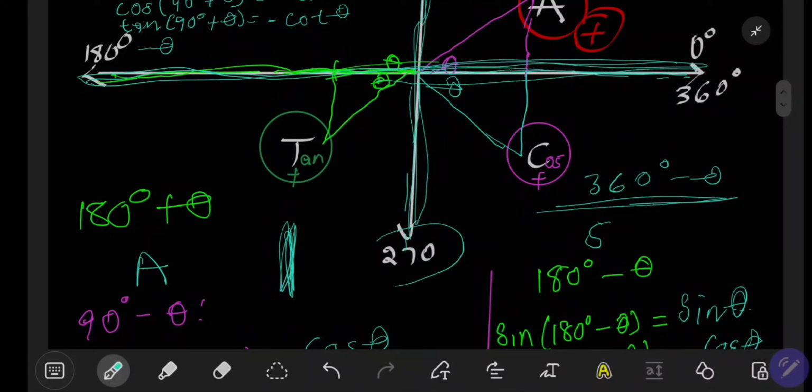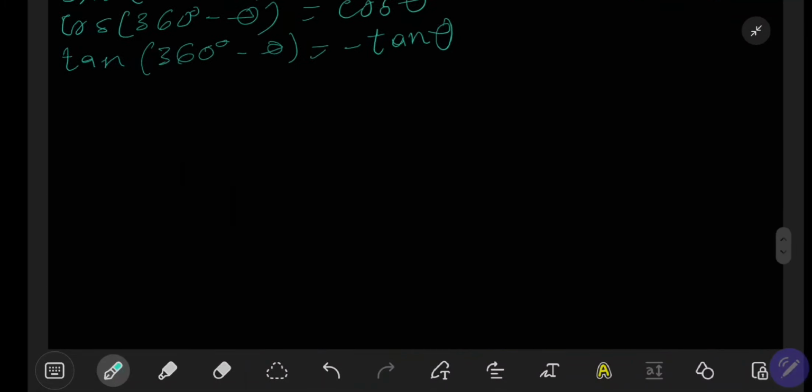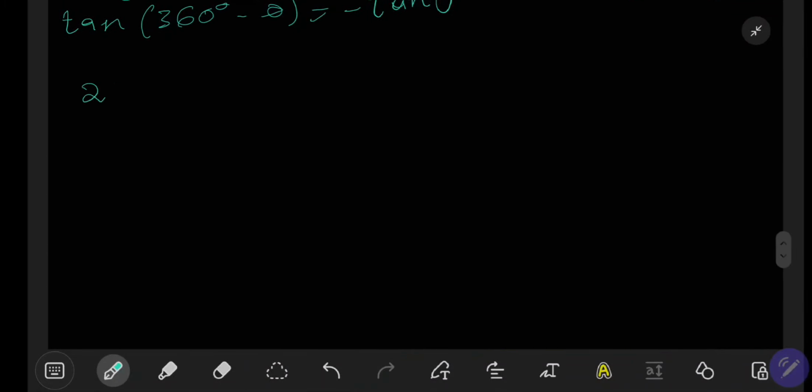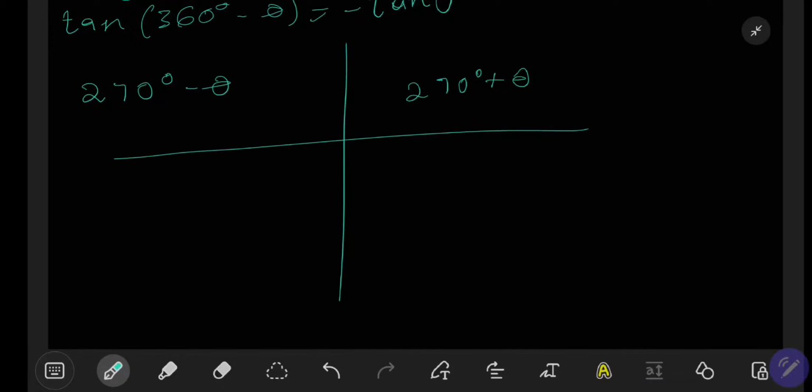Similarly, if you use 270, we can have 270 degrees minus theta, or 270 degrees plus theta, because it's still on the same vertical line.